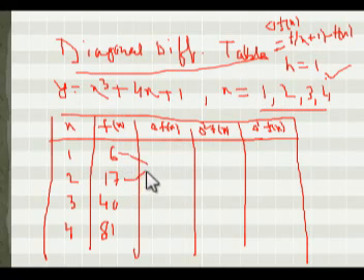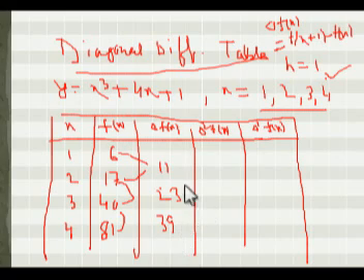So the subtraction gives us the forward difference: 17 minus 6 is 11. Now we get the forward difference for 2: f3 minus f2, which is 40 minus 17, 23. And here we get the forward difference for f3: 81 minus 40, 41.